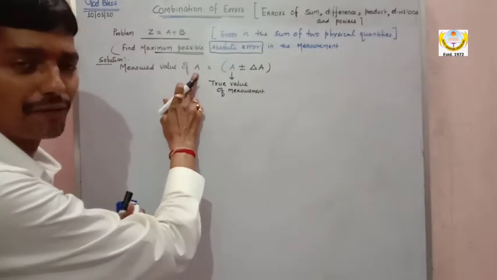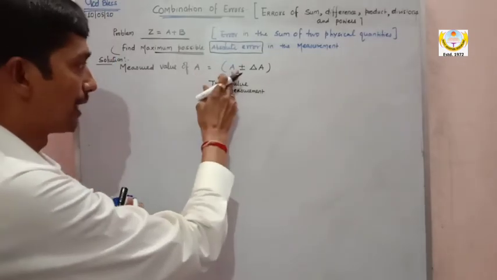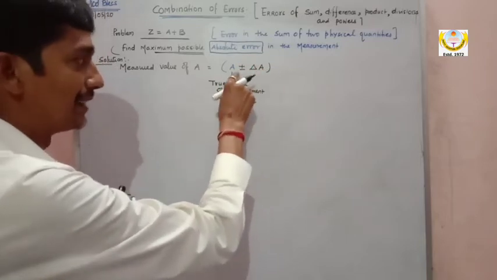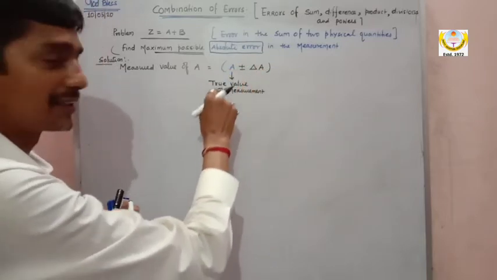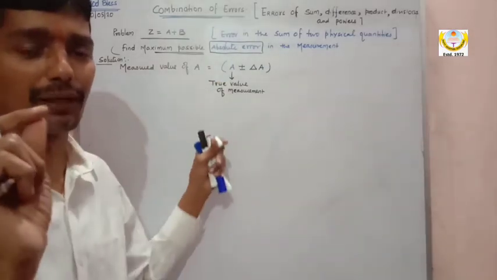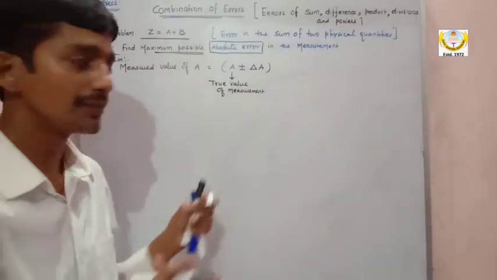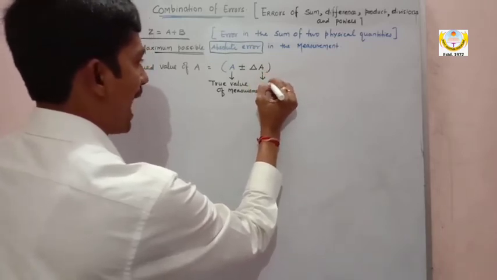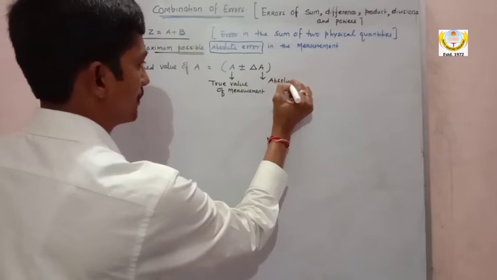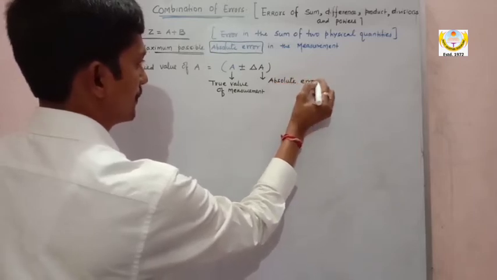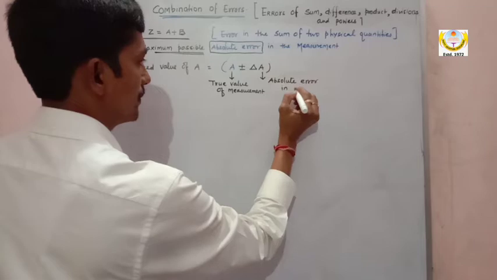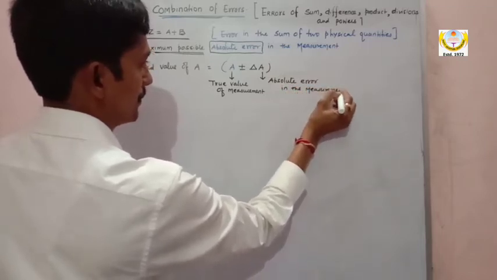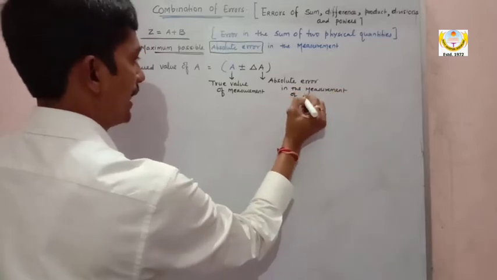That is, if I measured a physical quantity, say A, I have written this as A plus minus delta A. This A which I have written is the true value of that measurement of the physical quantity. And delta A is the absolute error in the measurement of A.